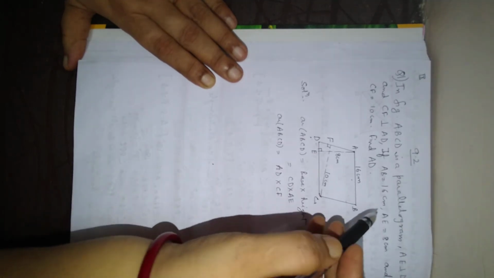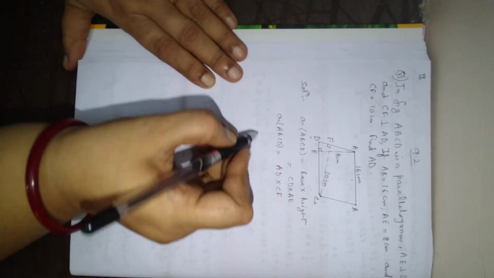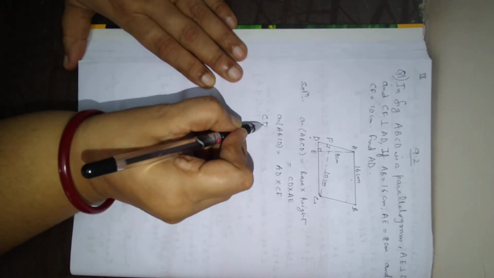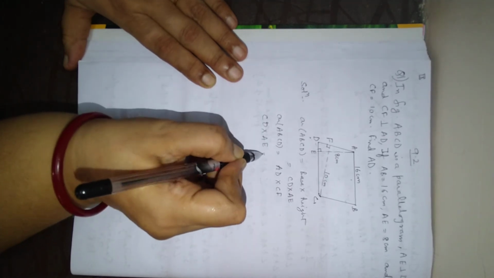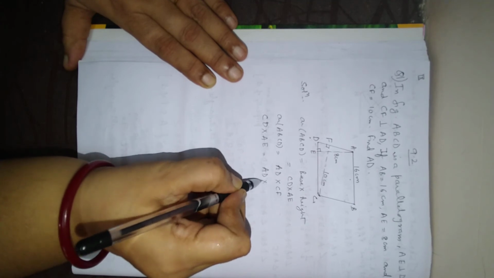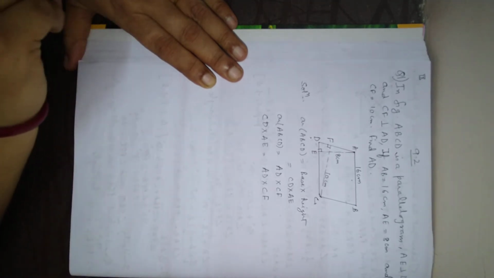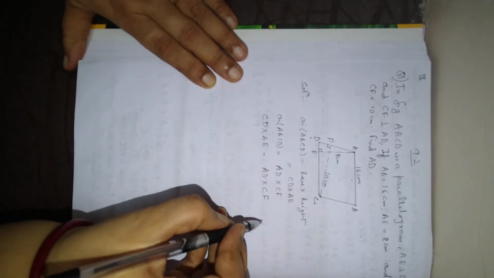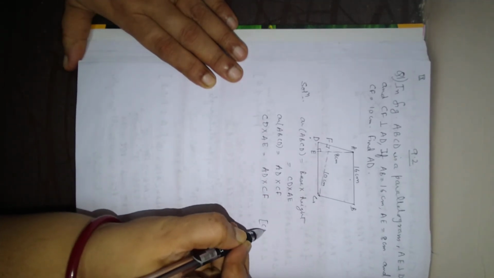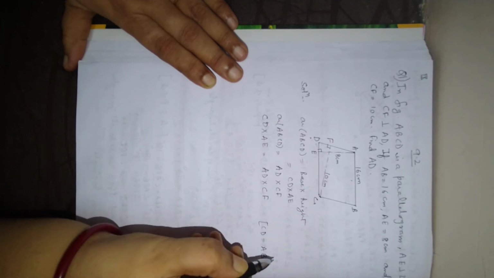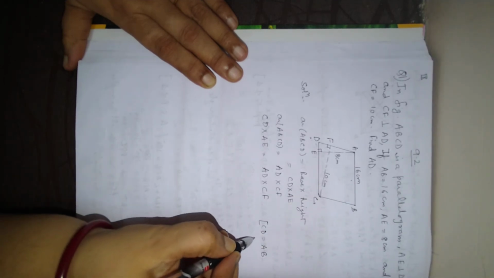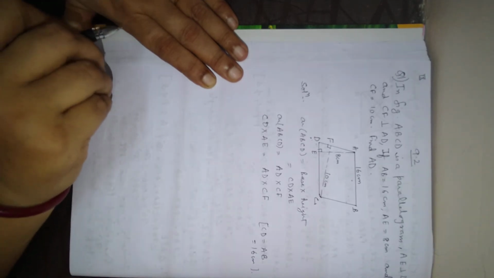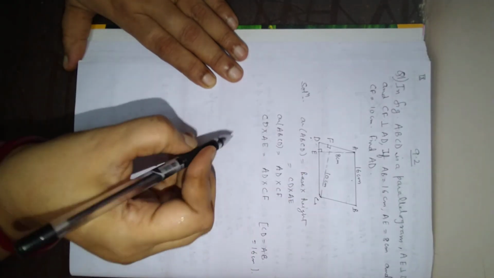Here just see what things are given. So CD into AE equals AD into CF. CD equals AB, as they are opposite sides of the parallelogram. So it is 16 centimeters. AE is given as 8 centimeters.